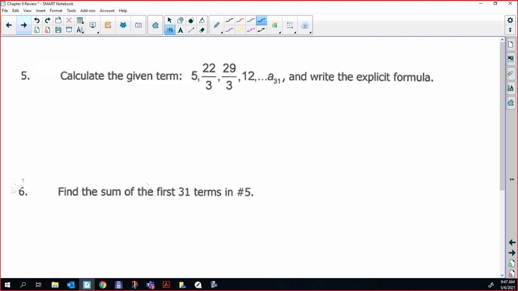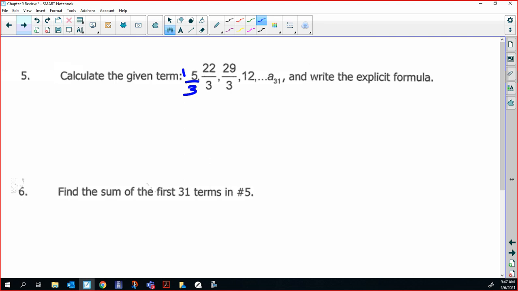All right, this one doesn't quite look like it's arithmetic, but it might be. So an arithmetic sequence adds the same thing over and over again. You can think of a 5 or rewrite a 5 as 15 over 3.